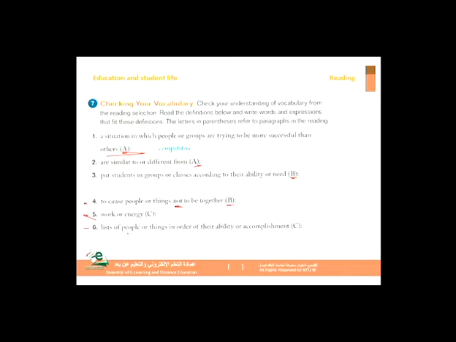Number 6, lists of people or things in order of their ability or accomplishments. So lists. And that is in paragraph C. Now let's go to paragraph C and look for a word which means lists of people or things in order of their ability or accomplishments.